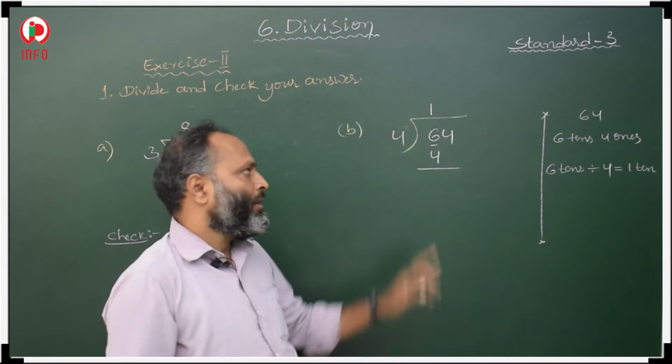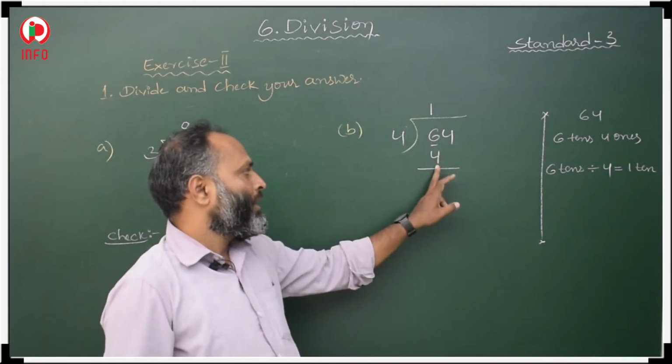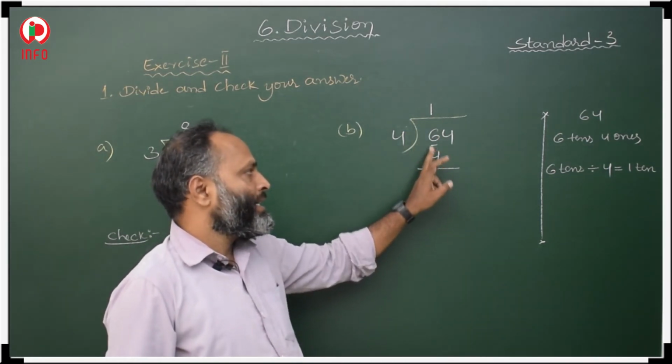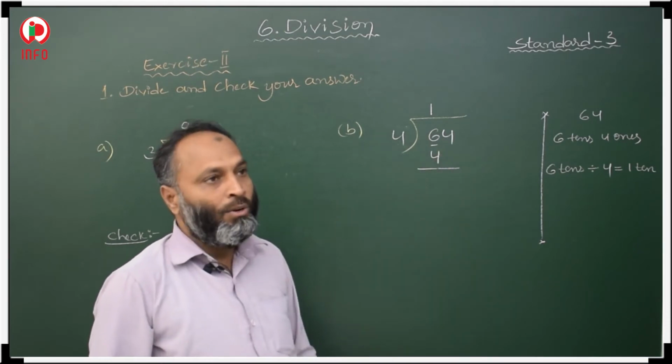First you read your table. 4 ones are 4; 4 twos are 8, 8 is bigger than 6, so don't take the bigger number.